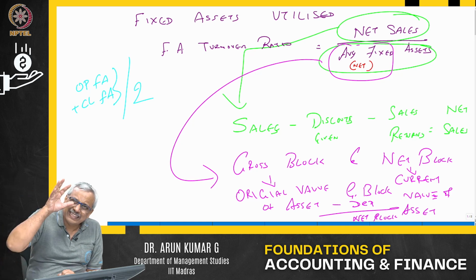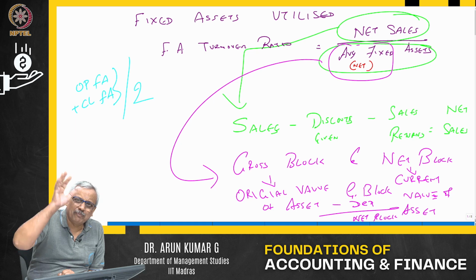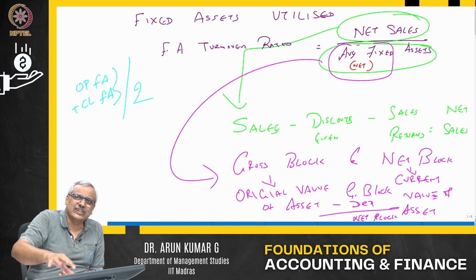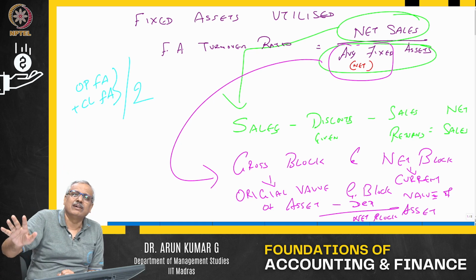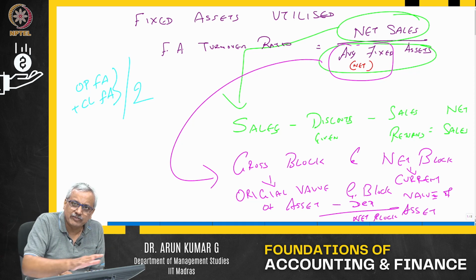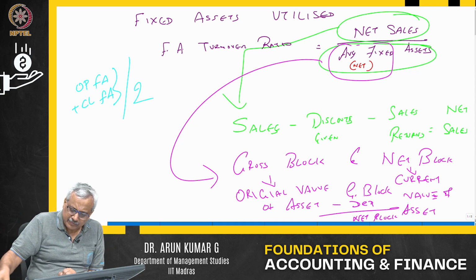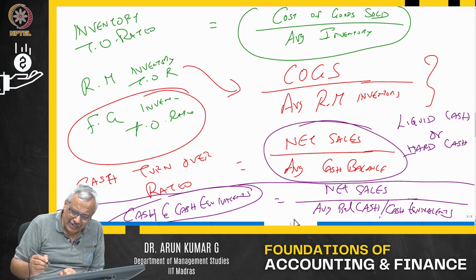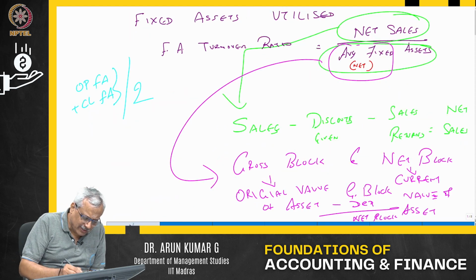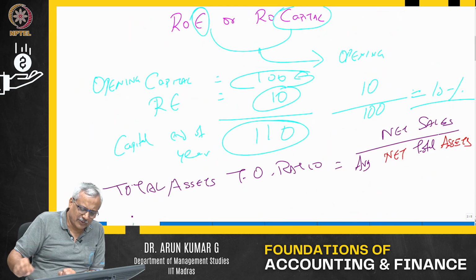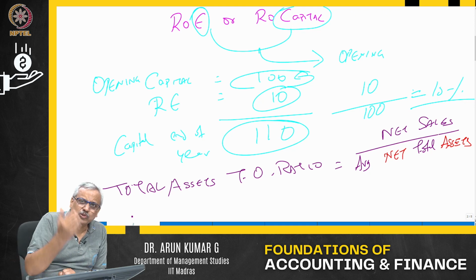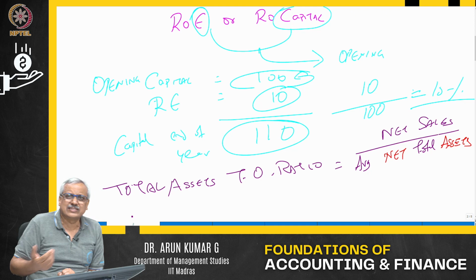So, what happens? The number will depend on the context in which you are evaluating all these things. So, I am not going to give you a number in all this. You have to even look at the relevance of this. As I talked to you about fixed assets and total assets, in some context, doing a total asset turnover ratio will be useless. I would rather stick to only the fixed asset turnover ratio.